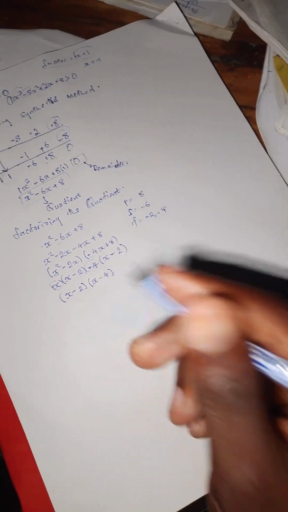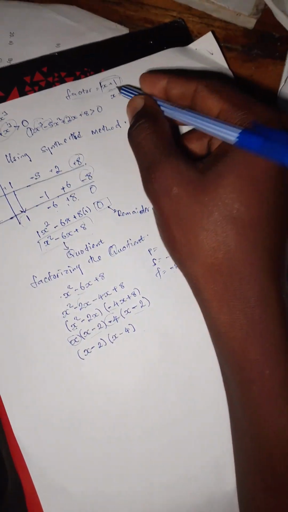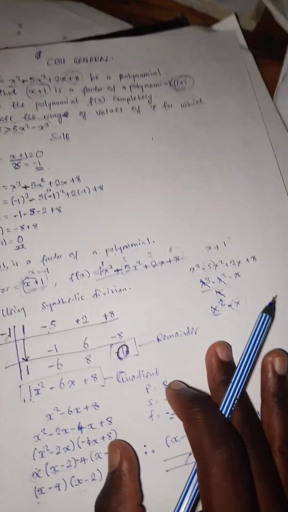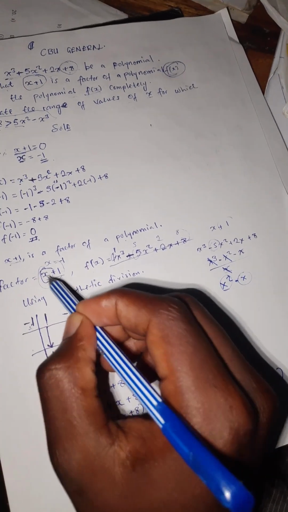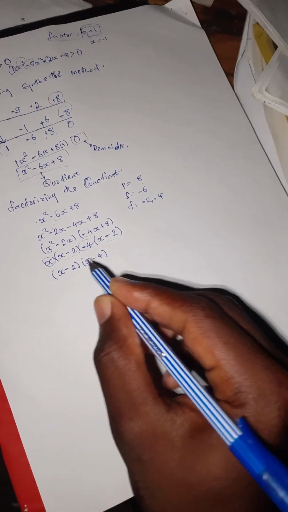Now remember, this is our factor, simply because in our previous session, we proved that x plus 1 is a factor of the polynomial function f of x. So that is one of our factors.